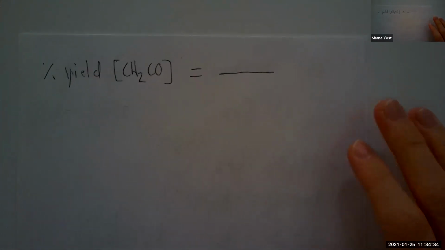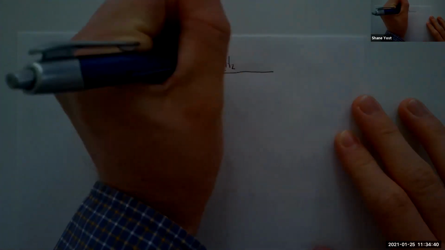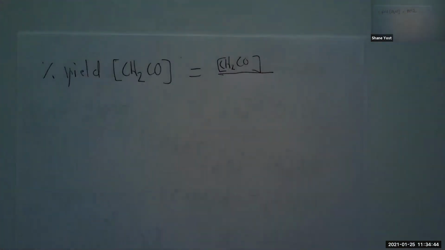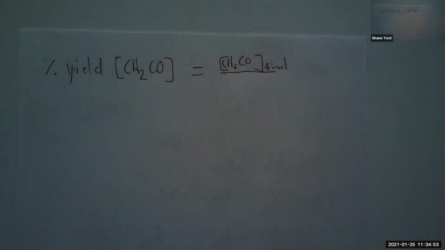It's a similar type of thing here. What is the actual concentration of CH2CO, the thing I want? What's that final concentration? I'll put a final here. What is my final concentration of CH2CO after the reaction is completed, compared to my percentage?